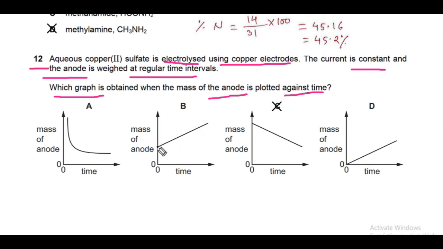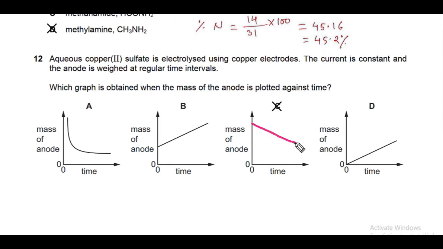This one shows mass increasing, wrong. This one increases, wrong. This one decreases exponentially, but here it becomes constant, so this is wrong. This decreases linearly, so C is the right answer. As time goes on, the mass of the anode decreases, so C is the right answer.